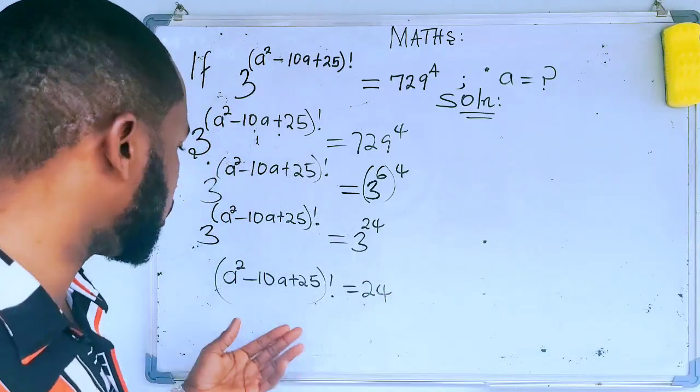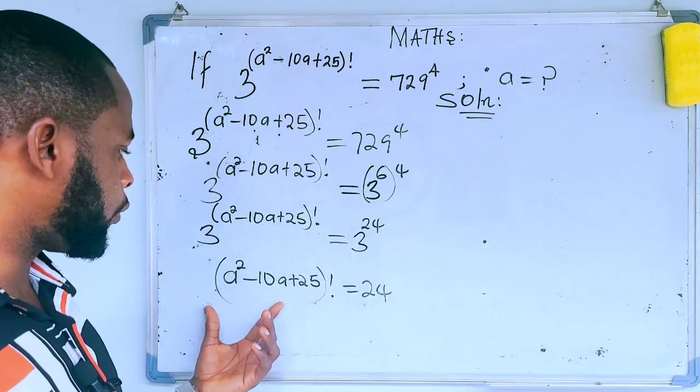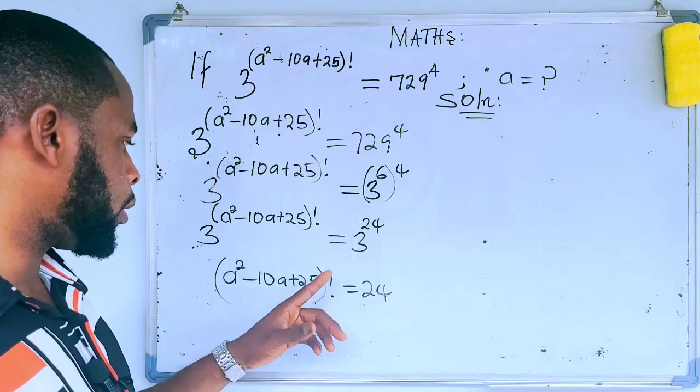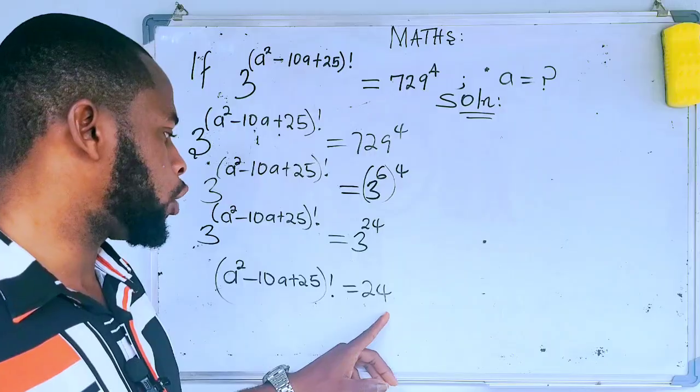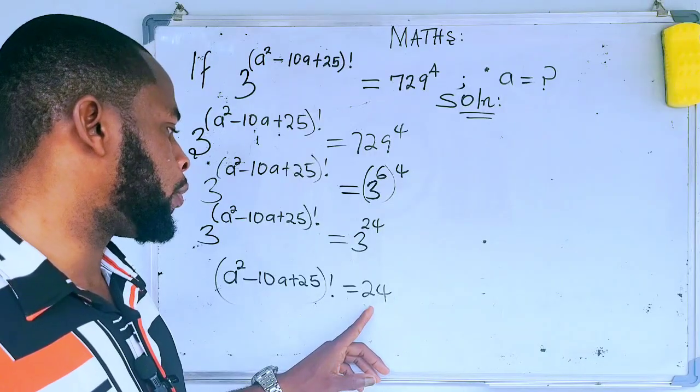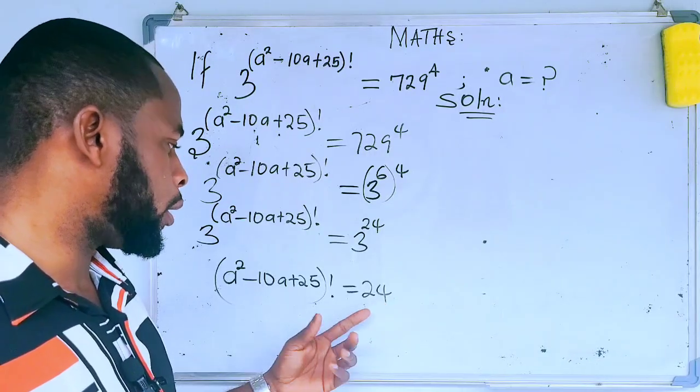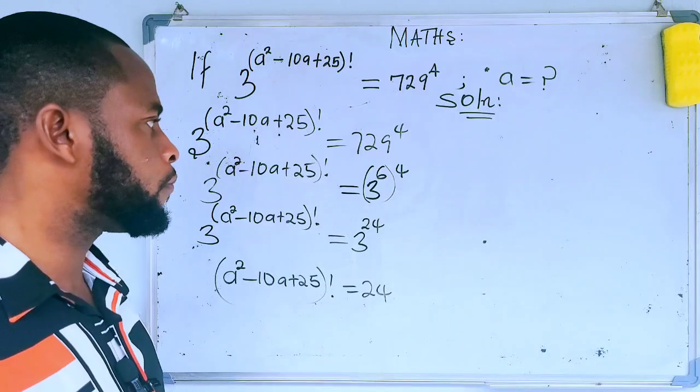Now the next step: we have the left hand side expression in factorial, and then we have 24 here. We are going to rewrite this 24 in factorial as well.